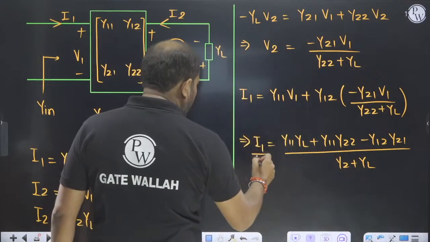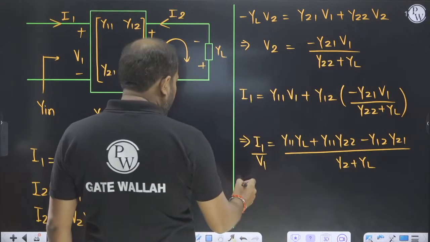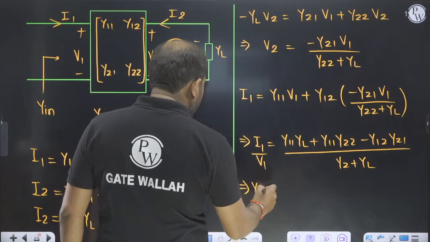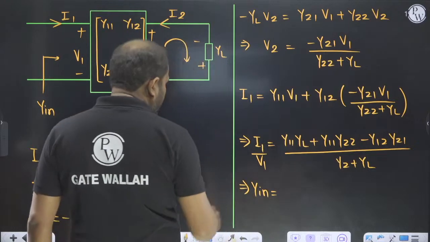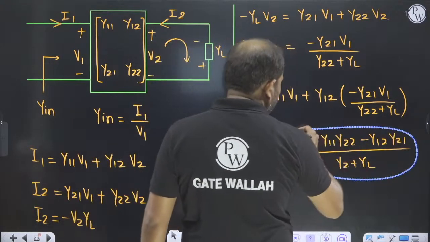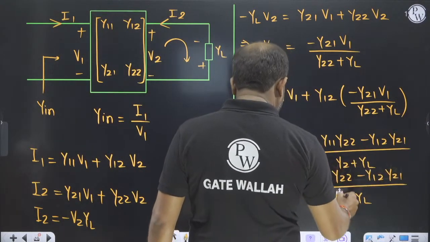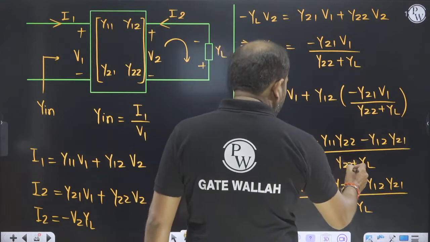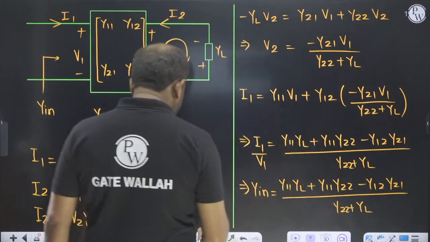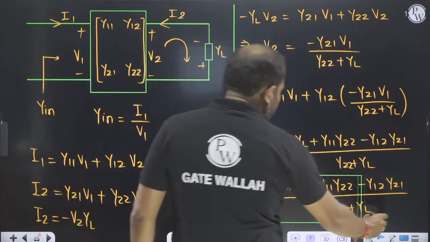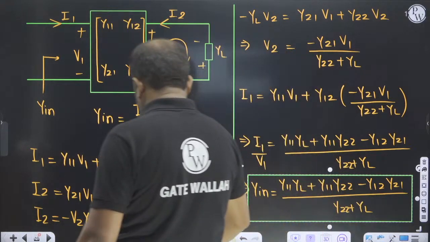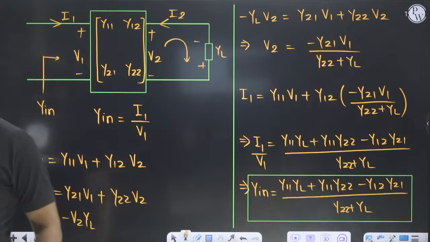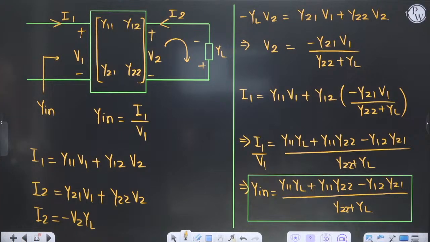This is I1 upon V1 and this is our Yin. So we have derived the formula for Yin. It's very easy. It is something like what we studied before.